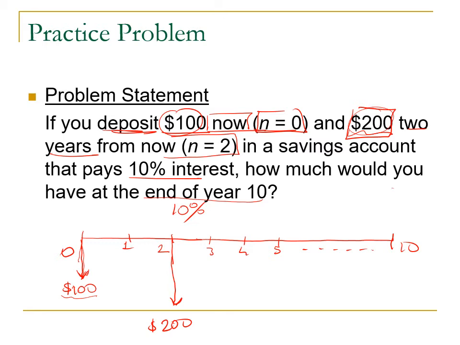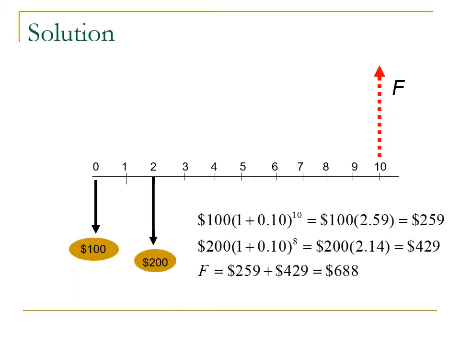If you withdraw this amount, it means that this will be a cash inflow for you. The money will come from the bank account into your pocket. And since we want to find a value in the future, we will represent it by F. And the question will be this. So this is the cash flow diagram.